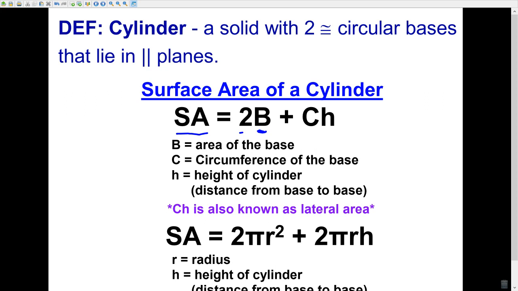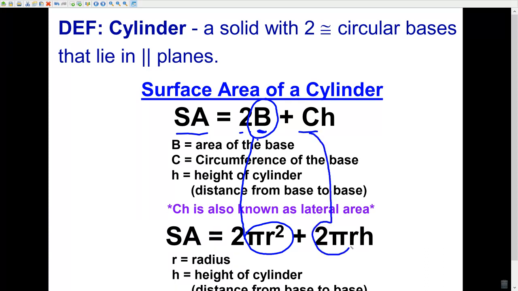Now, if you break this down, the area of the base is going to be a circle. The area of the circle, we just did that, right? That's going to be pi r squared in our formula down here. Same thing with the circumference. We know the circumference is 2 pi r.